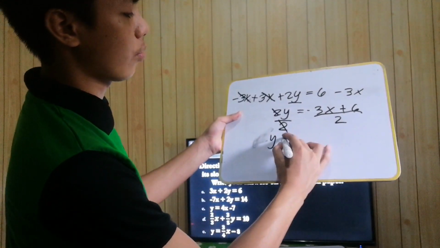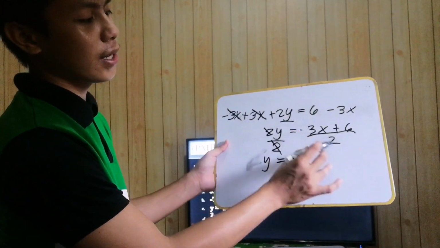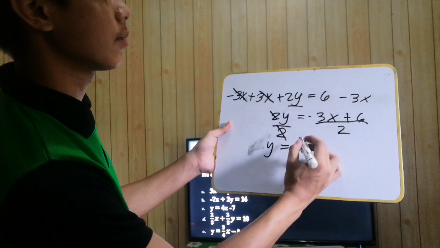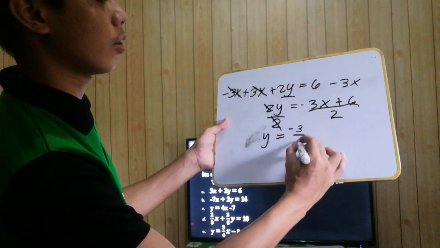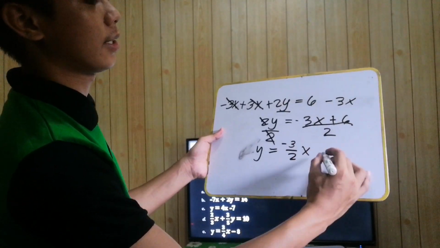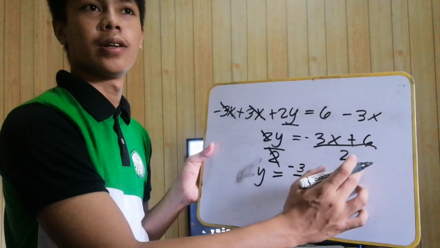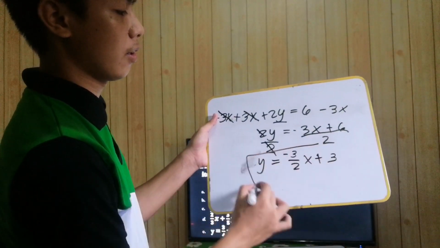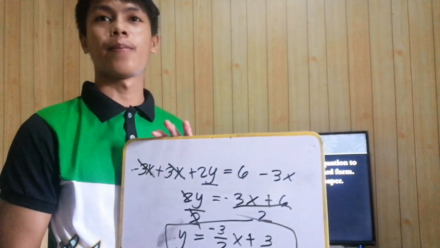So, matitira si y na lang is equals to negative 3x divided by 2, magiging negative 3 over 2 x plus 6 divided by 2 is 3. Okay, very good. Now, is this your final answer for our number 1?